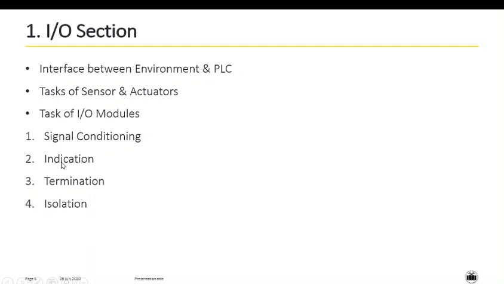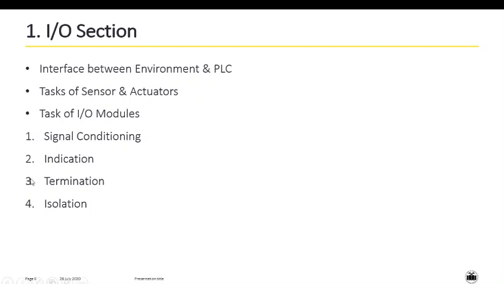Second, the signal can be indicated. If the sensor's output is giving some voltage, 1 volt, 2 volt, some millivolt, microvolt, whether the signal has arrived at the input of the input module, that is given by the sensor and available at the input module.